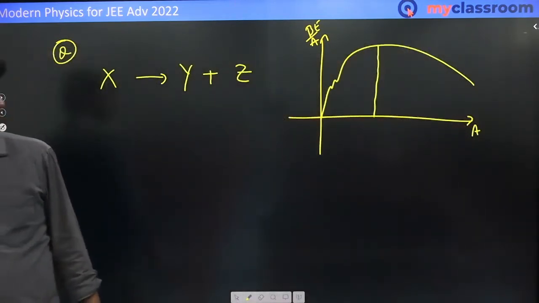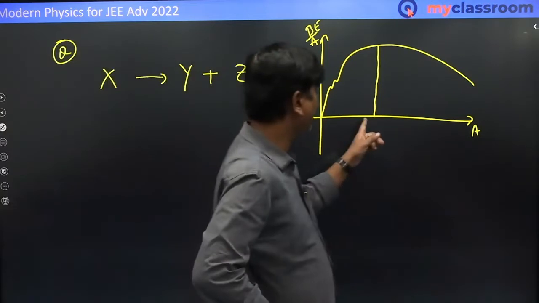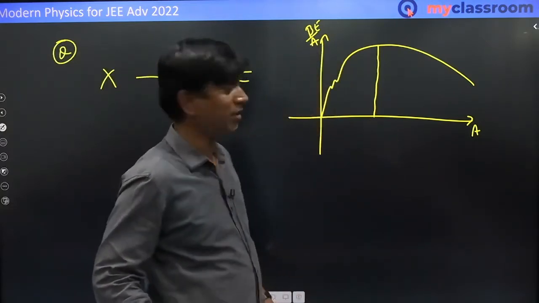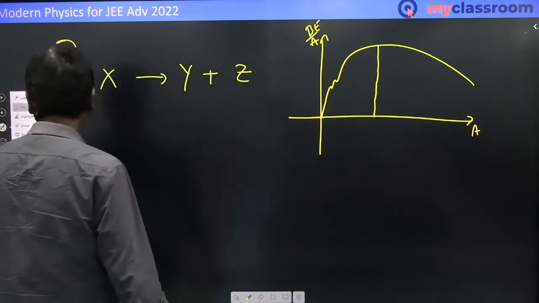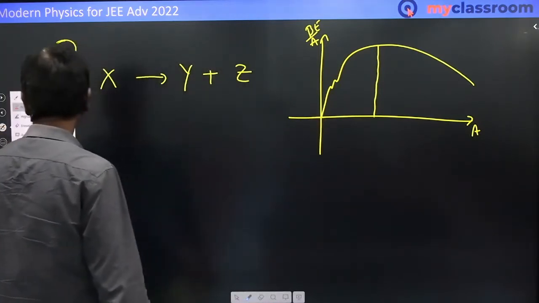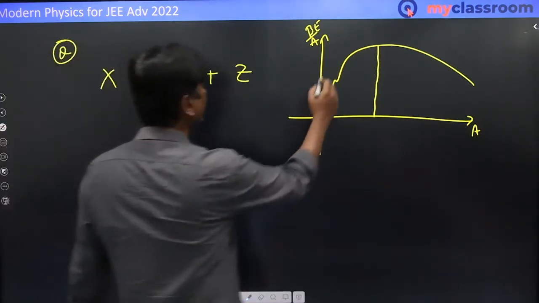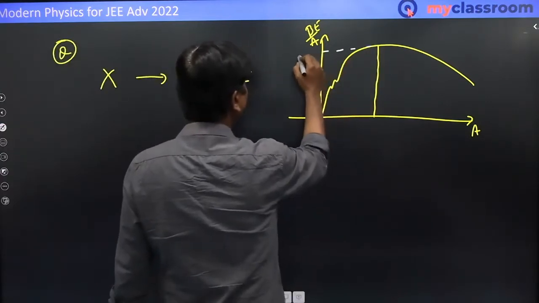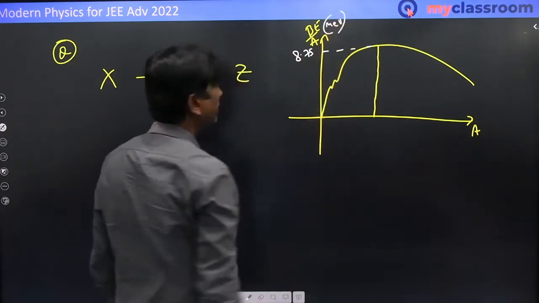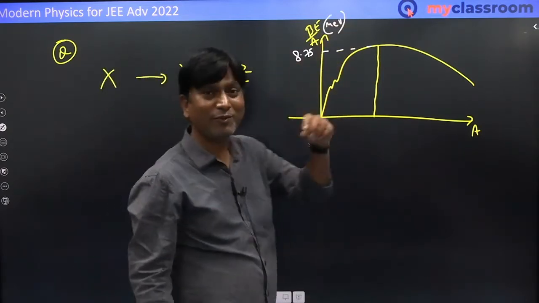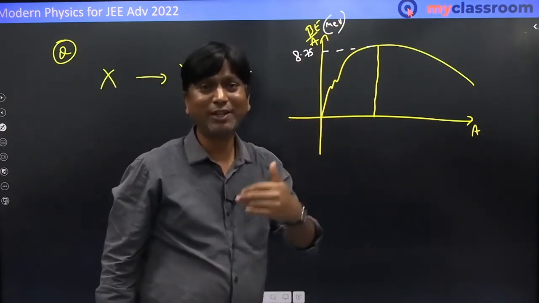For atomic mass, somewhere for iron and all, somewhere around 50 it is maximum. So this maximum value will be something like 8.75 million electron volts. Per nucleon values will be like this only, 8.75, 6 point, like that only.